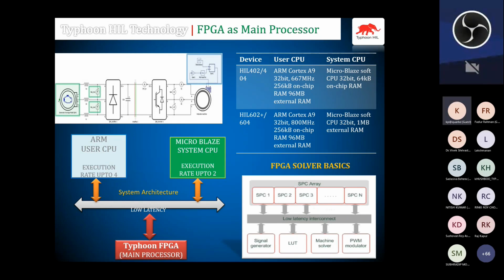I hope this part is clear to each and everyone regarding the technology part, because when you have understood the Typhoon HIL technology, most of your questions you must have got the answers by your own, that what makes it a little bit different. Shall I proceed further with further slides?